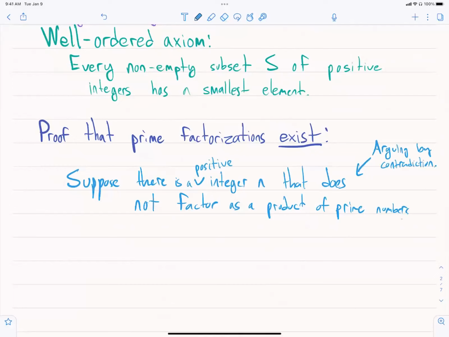And so what's the next step? Well, I'm going to apply the well-ordered axiom. I'm going to apply it cleverly to the following set.